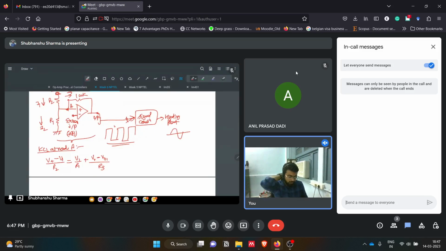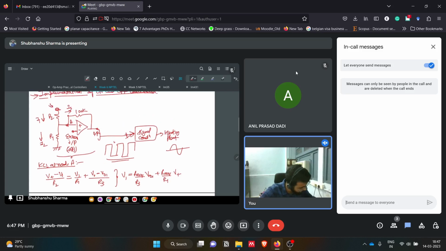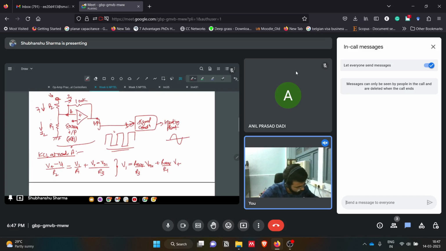If you have any doubts in between, you can ask or write in the comment section. So this is KCL at node A. If we solve this, we get V1 equals R equivalent divided by R3 into V naught 1 plus R equivalent by R1 into V plus. R equivalent is basically the equivalent resistance of R1 and R2.